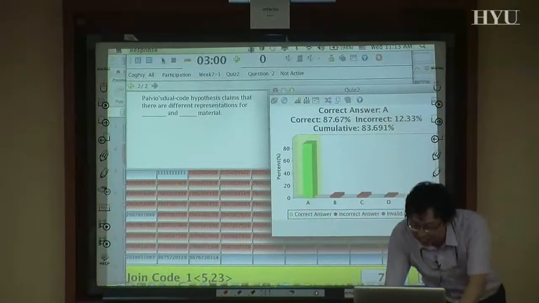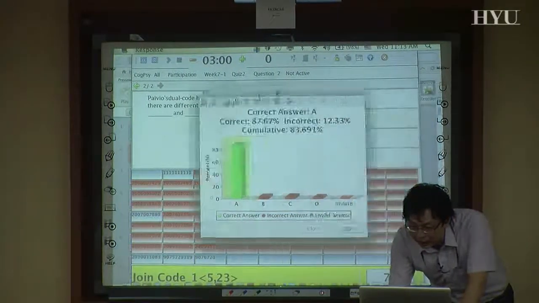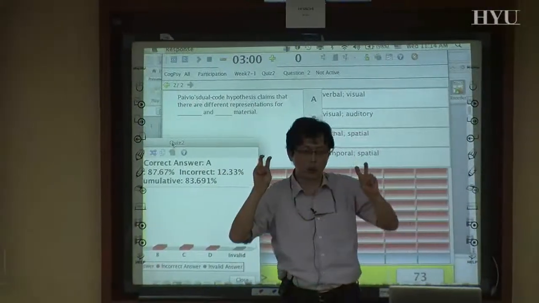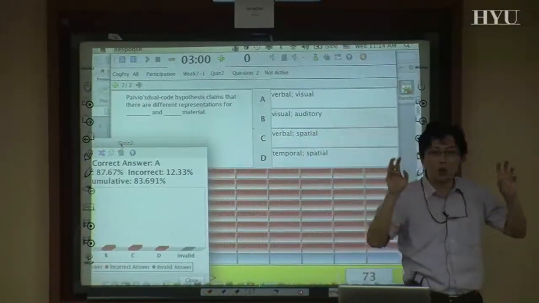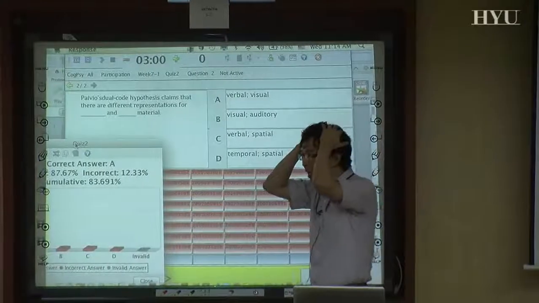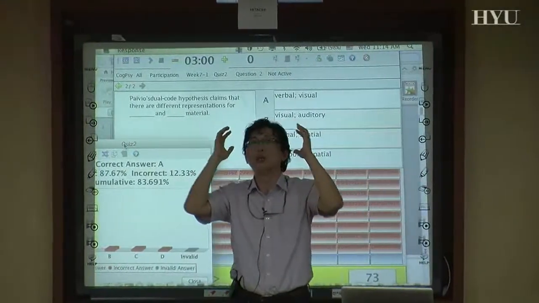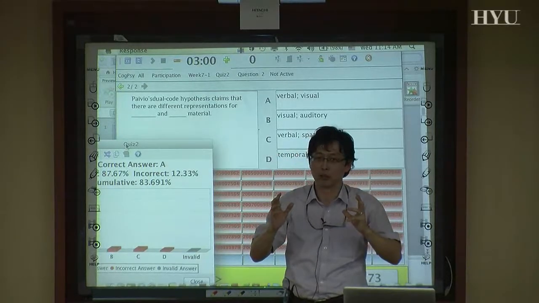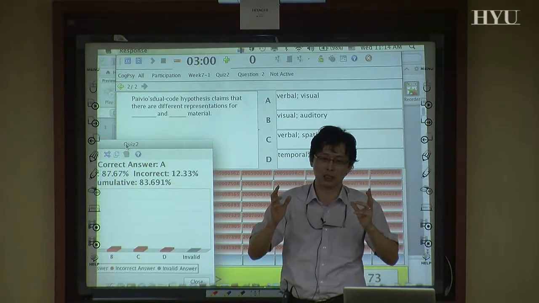A is the answer. If you look at A, Paivio's dual code model is talking about how, when we represent knowledge, we have visual information representation, and the other is verbal information relevant to language processing.